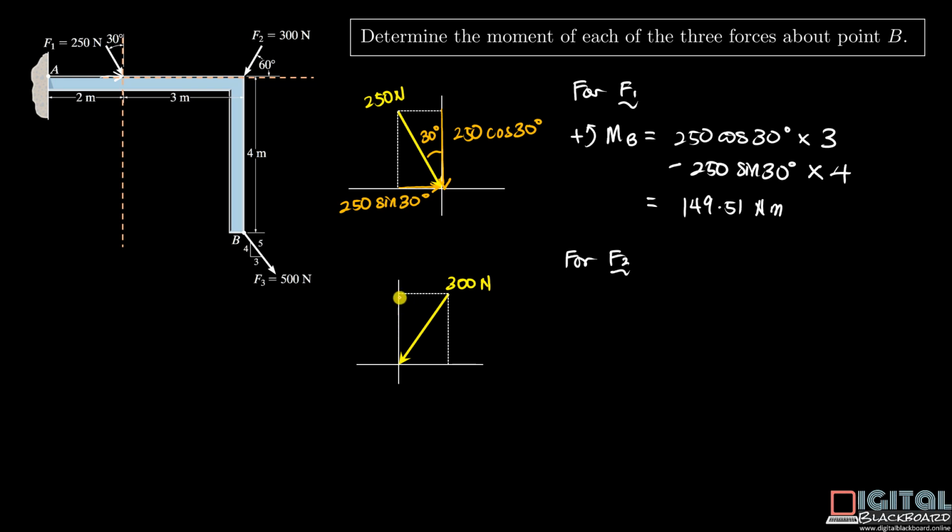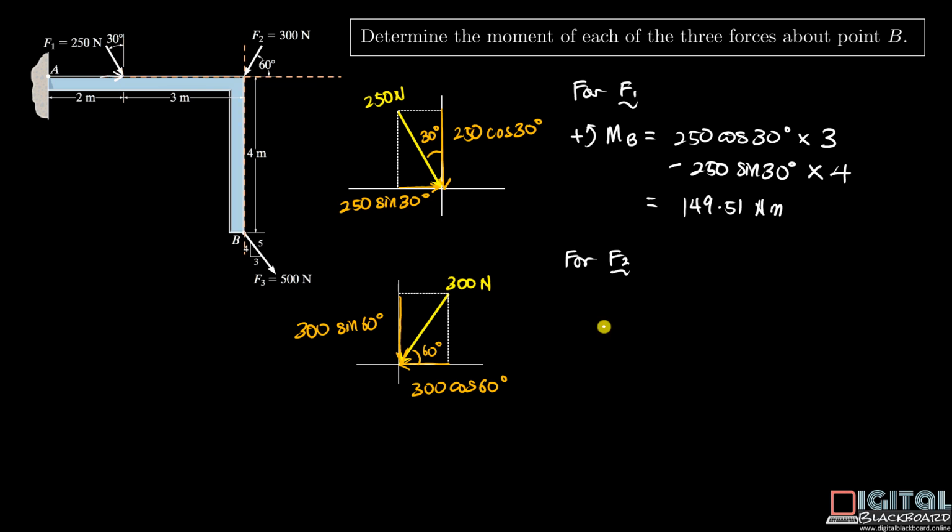The vertical component is shown here, pointing downwards, and because this is 60 degrees, it has a magnitude of 300 sine 60. And the horizontal component is pointing to the left in the negative x direction, and it has a magnitude of 300 cosine 60 degrees.